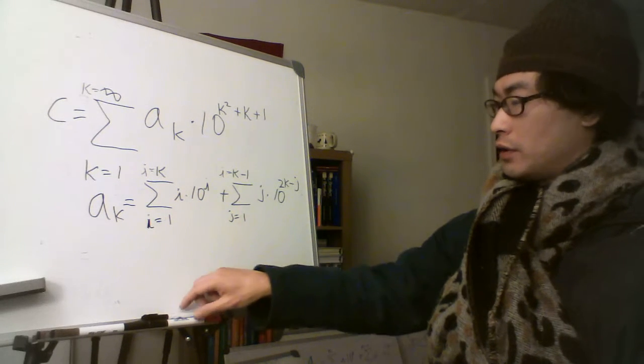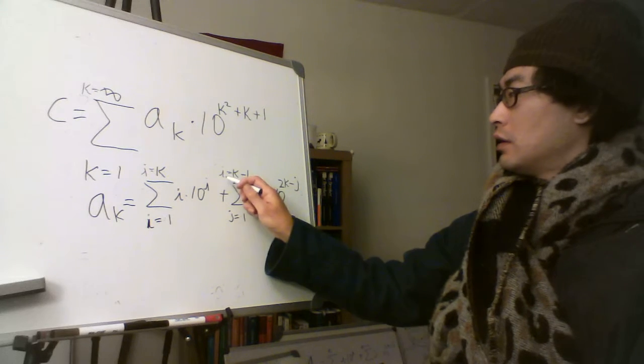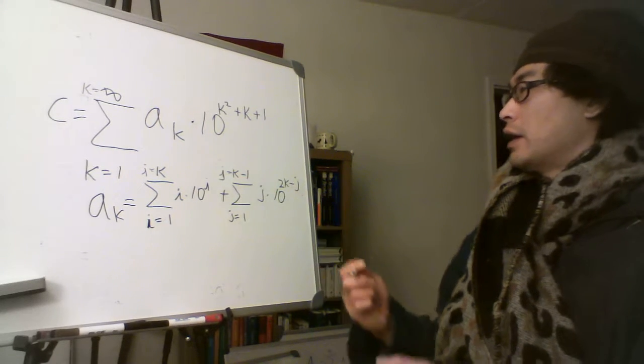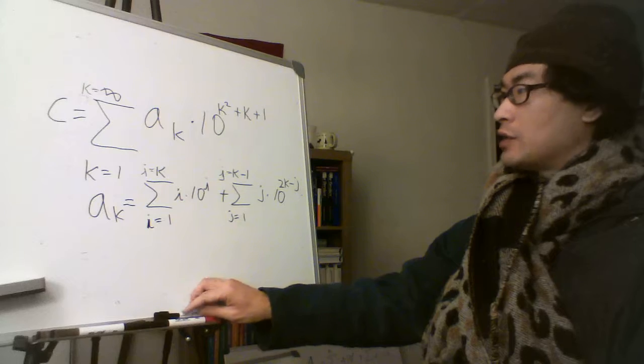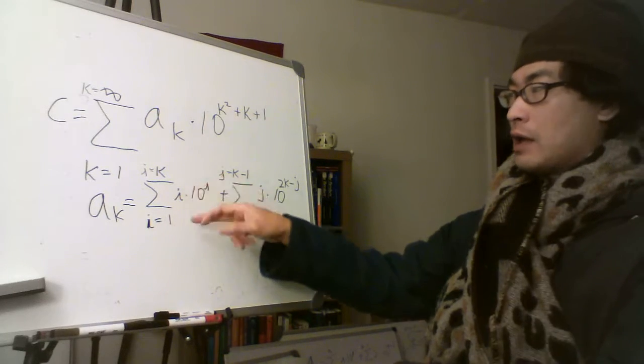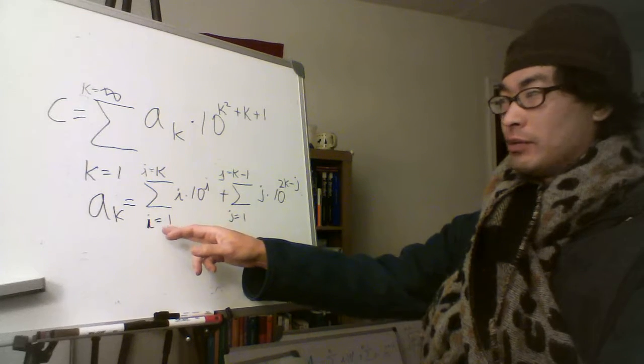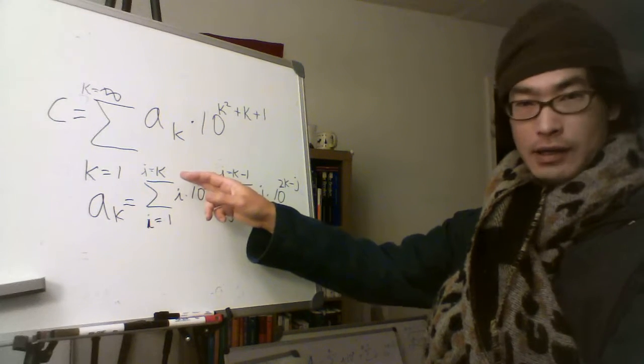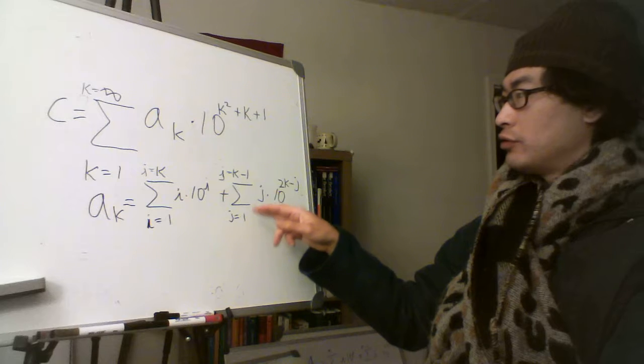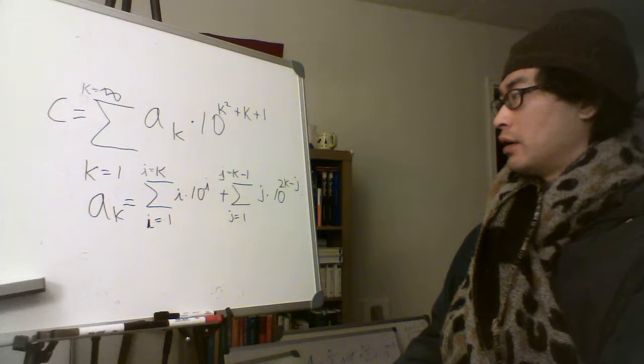J changes, I'm sorry, this has to be j, right? J. That's why k here is a constant. I is the variable. I changes from 1 to k. J changes from 1 to k minus 1.